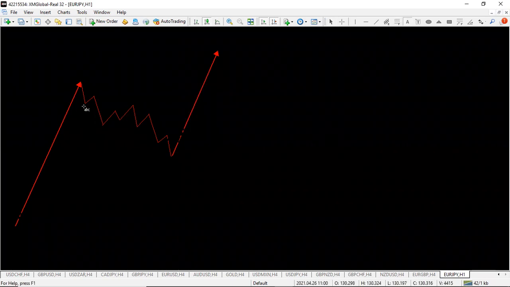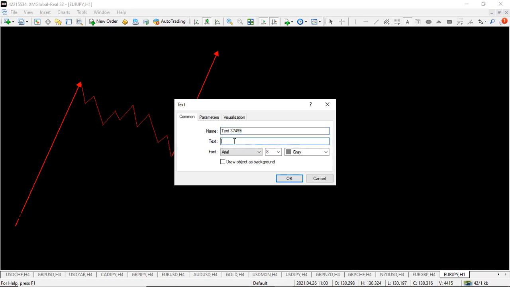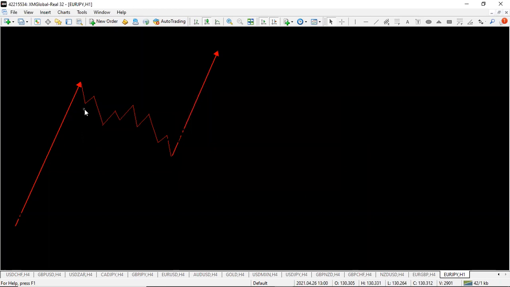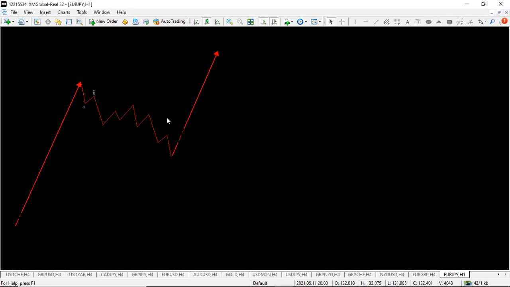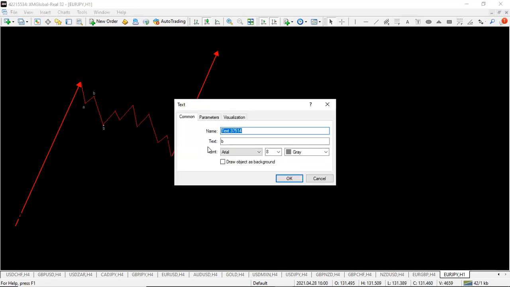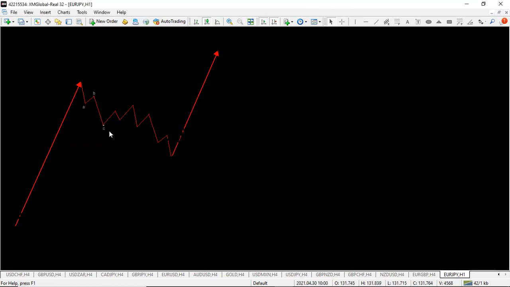So now we get our A. We get our B. And then we get our C. The same applies here, we get our A, B, C. Then from there we get our 1.